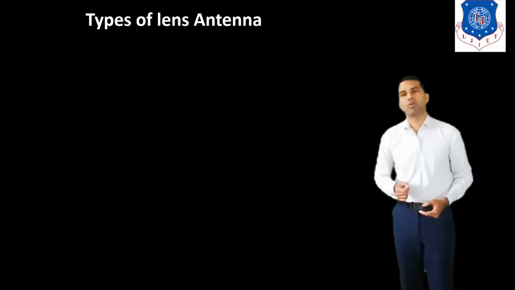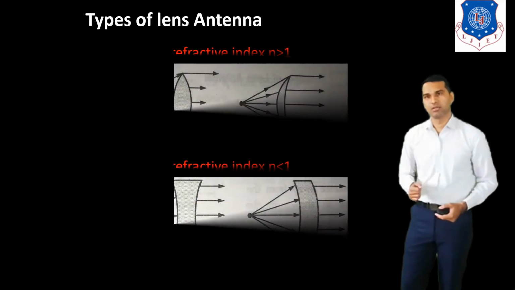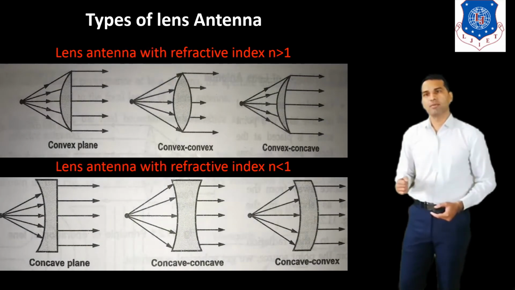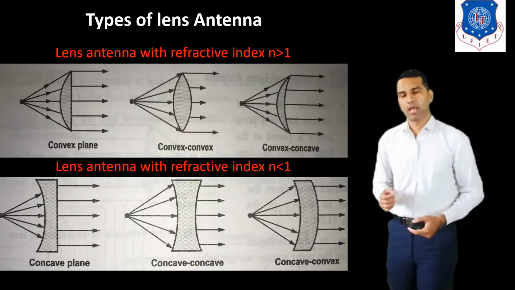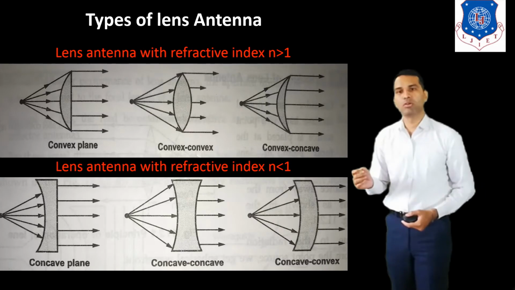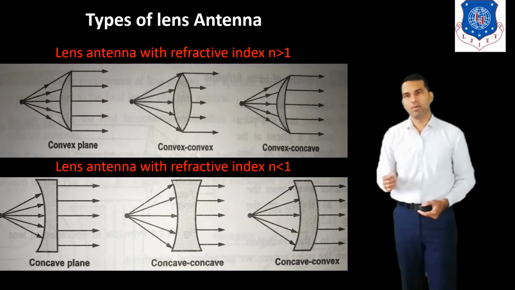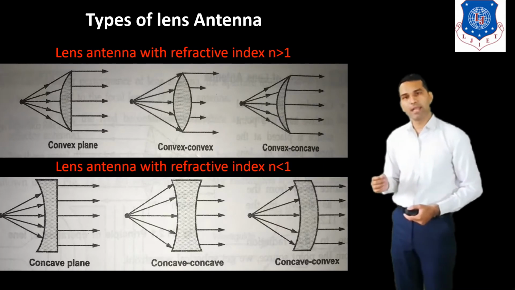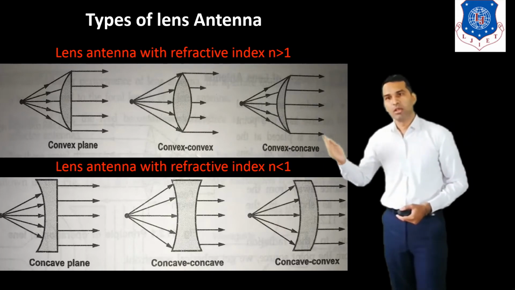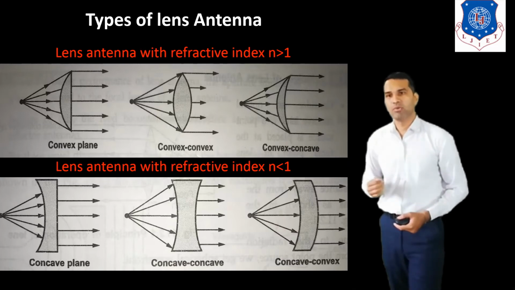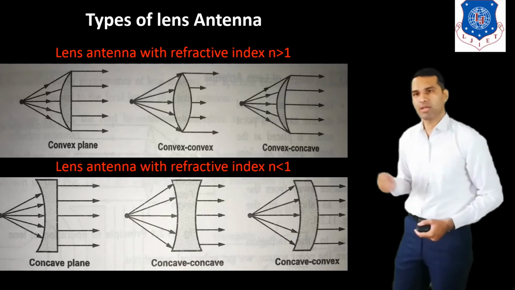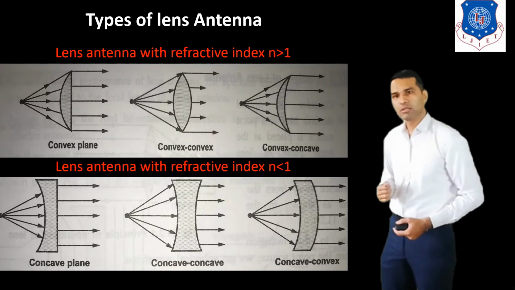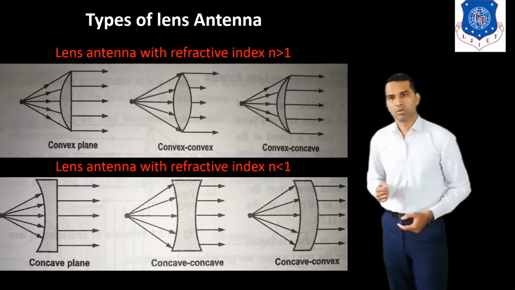Now we discuss the types of lens antenna. The types of lens antenna depend on the refractive index, which is denoted by n. If the value of refractive index n is greater than 1, then the types are the convex plane lens, the convex lens, and the concave lens.